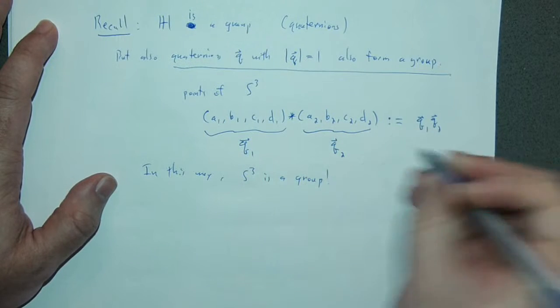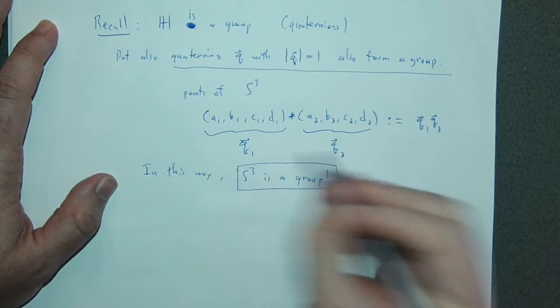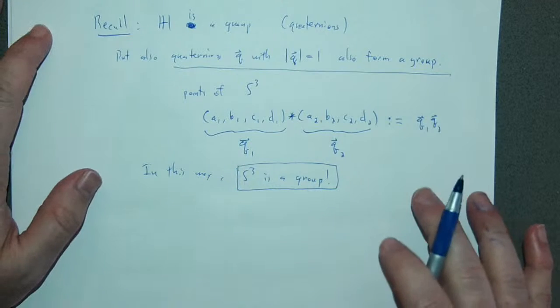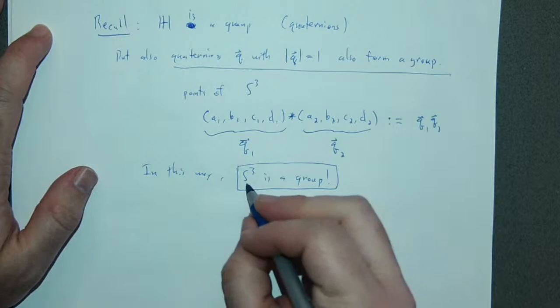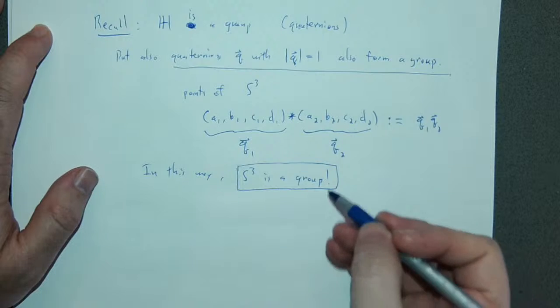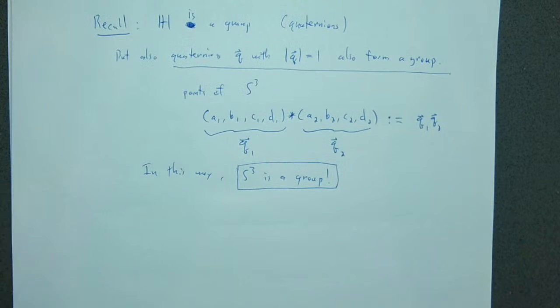Now, what is so special about that? Because we constructed S3 as just the 3 sphere, right? So for us, it's like a purely geometric thing, right? It is the 3 sphere. But it's pretty amazing that this construction that we've just done has shown that actually, it's an algebraic group as well, right?